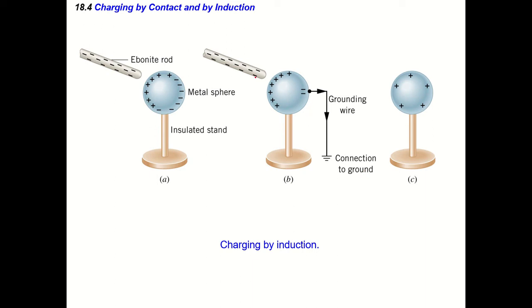What happens is that the electrons leave, and what is left is only this one. If there are a lot of holes here, or positive charge, the electrons will be transferred here, leaving only this. So this is an example of charging by induction.